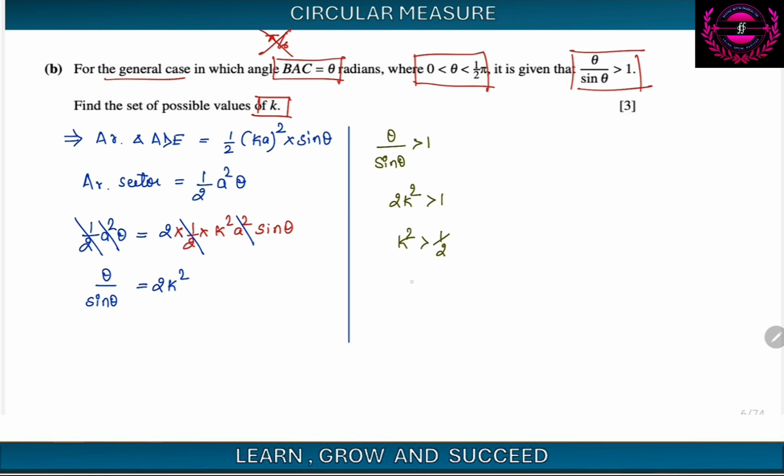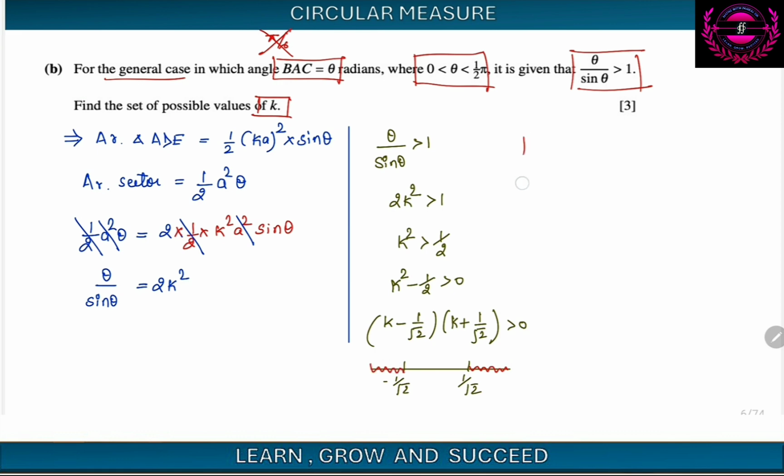So this gives us k squared minus 1 by 2 is greater than 0, which I can write, using a squared minus b squared, as k minus 1 upon root 2 and k plus 1 upon root 2 is greater than 0. I can represent this on a line, minus 1 upon root 2 and 1 upon root 2. The inequality is greater than, so I will choose the outer region.